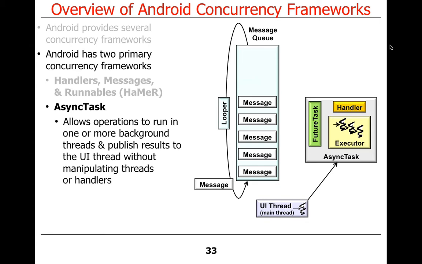However, unlike the HaMeR framework, it doesn't require the application developers to know anything whatsoever about threads or handlers or messages or runnables. All you have to know to use the AsyncTask framework is simply to inherit from AsyncTask and override a bunch of hook methods using the template method pattern. So it's a variant of the template method pattern. Once you know template method, understanding AsyncTask is really simple.